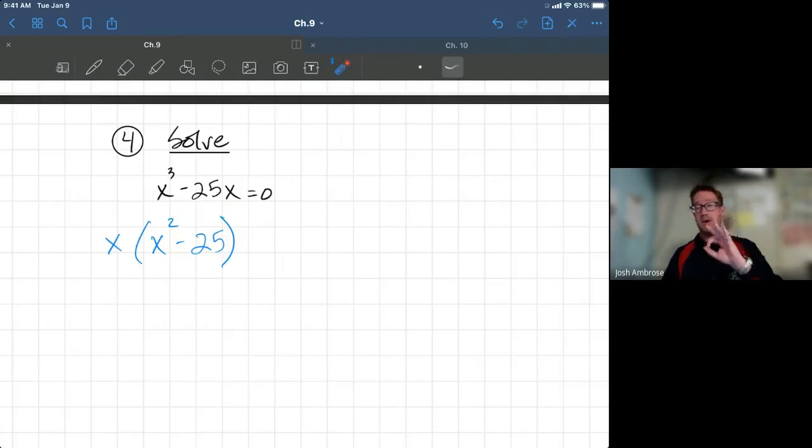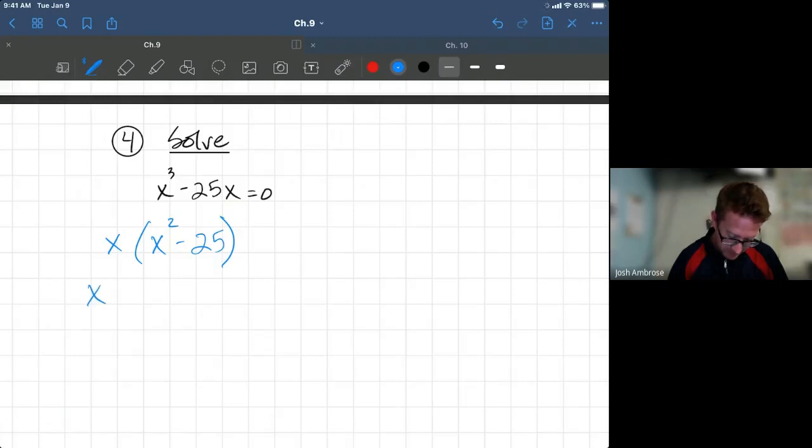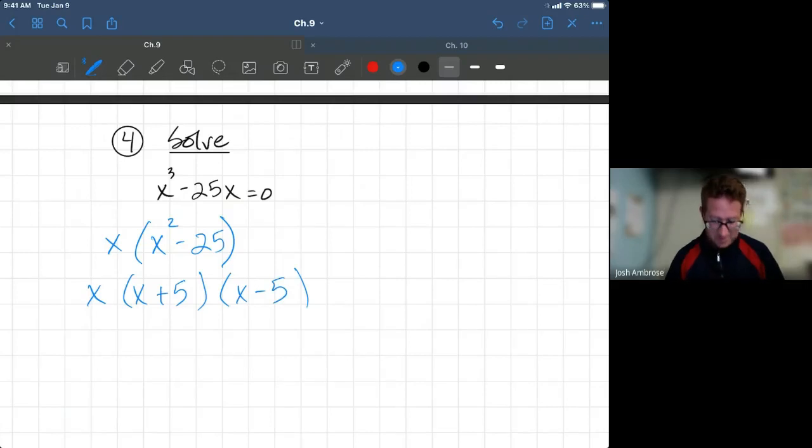All 3 parts are there. So that means, don't forget the x on the outside, but this will factor x plus 5, x minus 5.